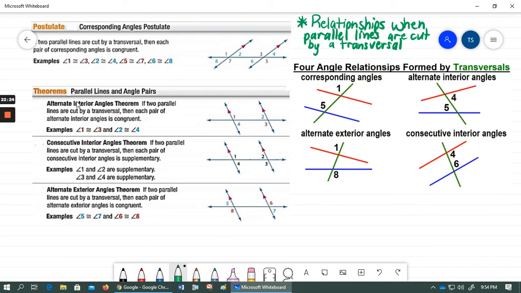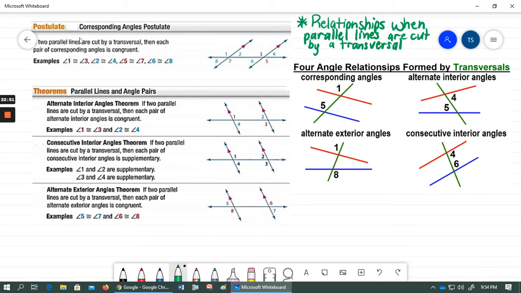Anyway, these are telling you what relationships these types of angle pairs have only when the two lines are parallel. These types of angle pairs get formed regardless of whether or not the lines are parallel, but there are only certain relationships that happen when your two lines are parallel.